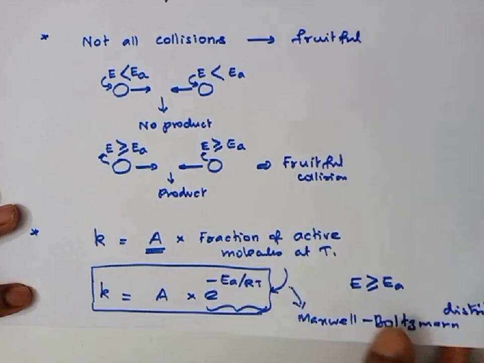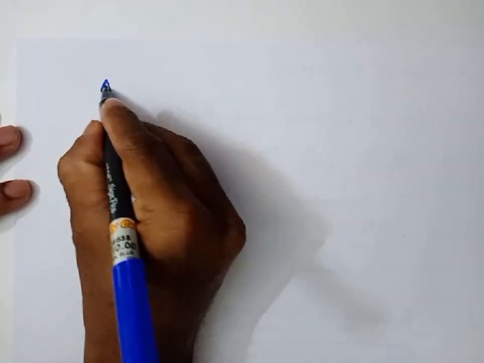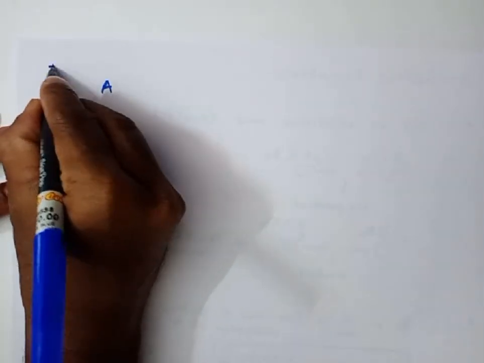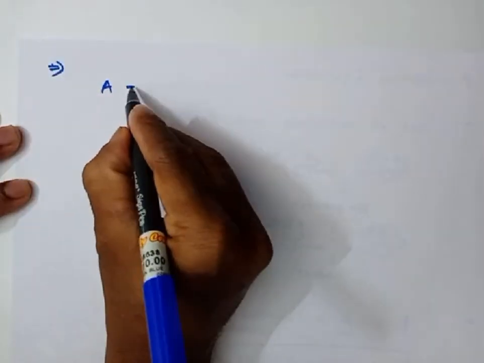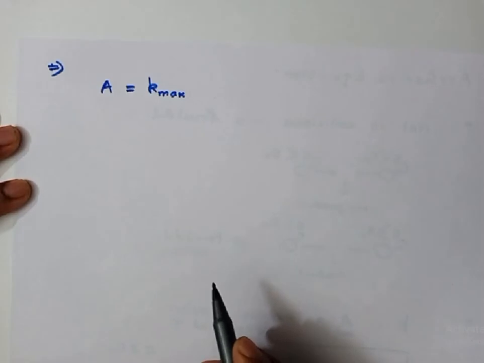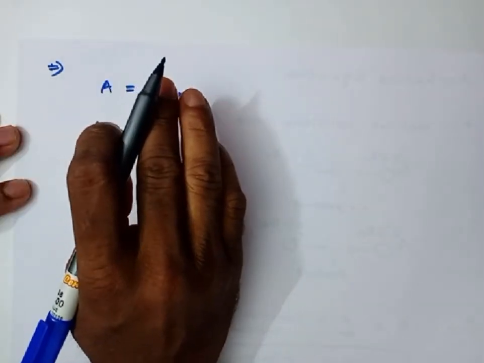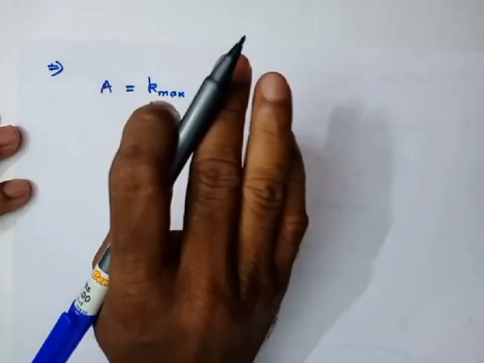Now, as I said in the last lecture, this A, the Arrhenius parameter A, is nothing but k max. k max means the maximum rate constant possible for a particular reaction.